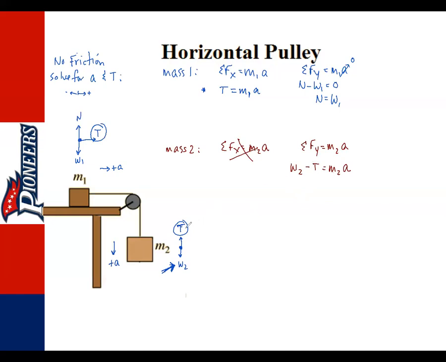Normally when I do these, I actually do it the opposite way. But let's say you wanted to be consistent. You're like, well, Doc's always said up is positive, I'm sticking with that, down is negative. The only thing you would do differently here is you would say tension is up, positive, weight negative, equals M2A.